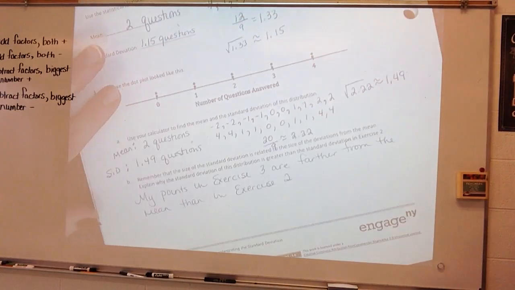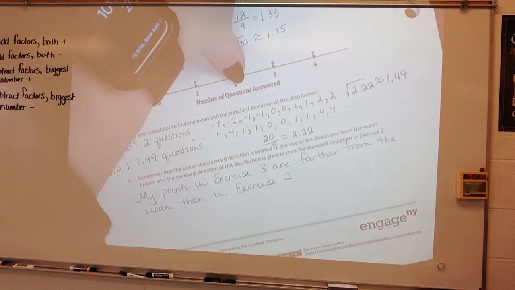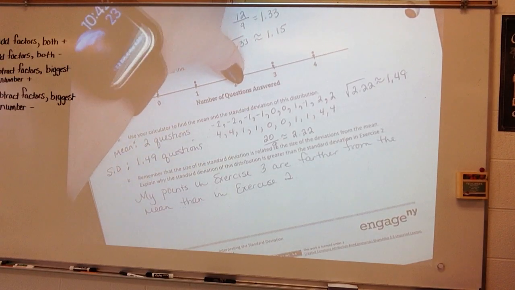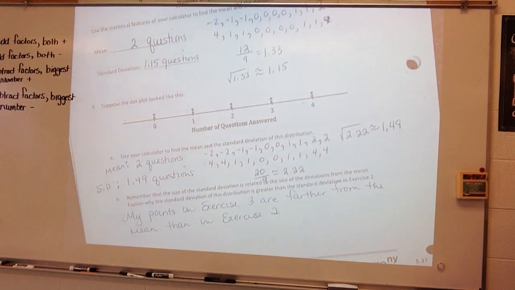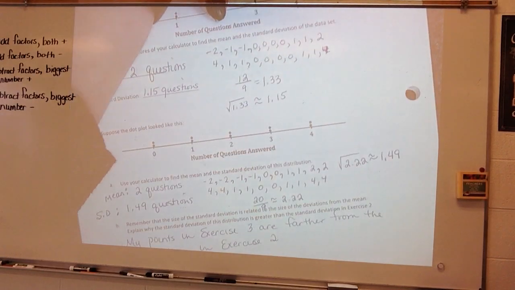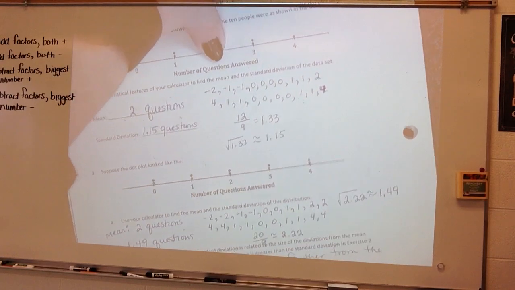What I mean is I'm looking at my mean, and I've got more points farther away from my mean there than I do here, because most of my points are at my mean here in exercise 2.